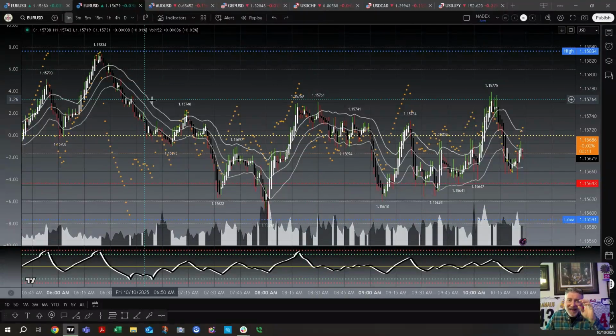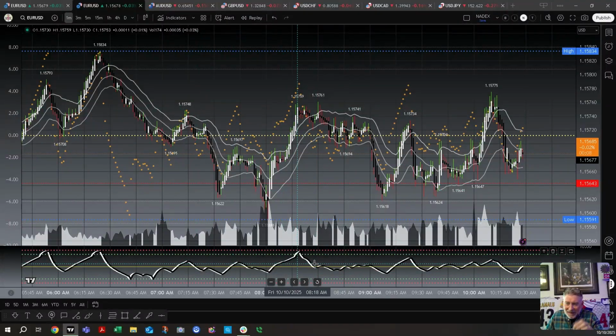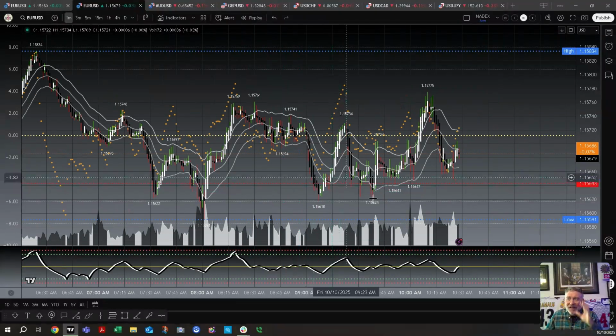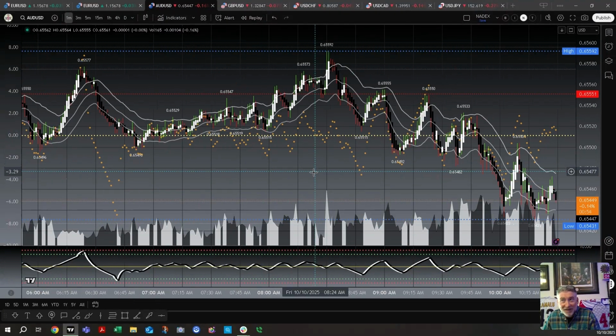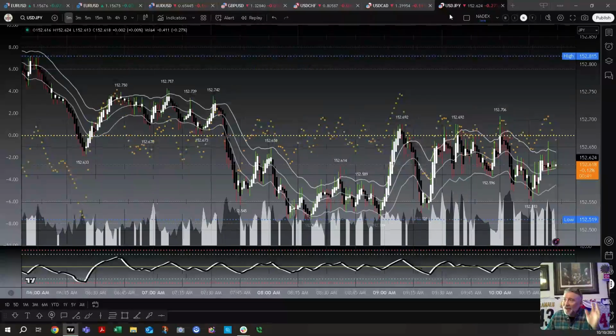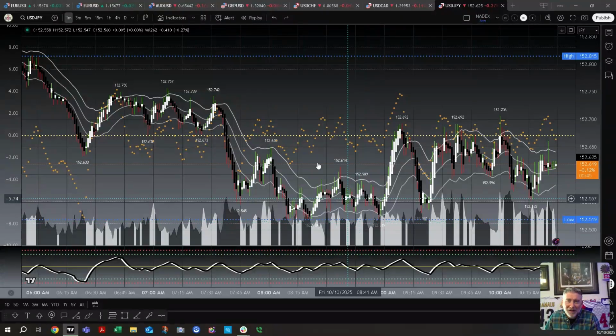So these lines are not Bollinger Bands, and this line's not an RSI or ATR. It's completely different ones. And I can show you what they are, and I can show you the settings, and I can play 3 or 4 different strategies looking at the EU. I can play 3 or 4 different strategies looking at the AU, the G, USD, CAD. That's about all I look at. We do it about between 4 and 5 hours in the morning.